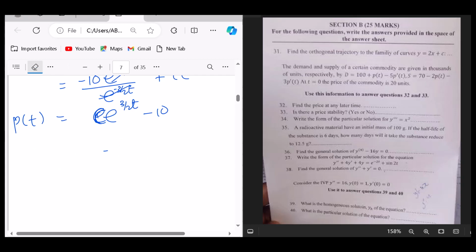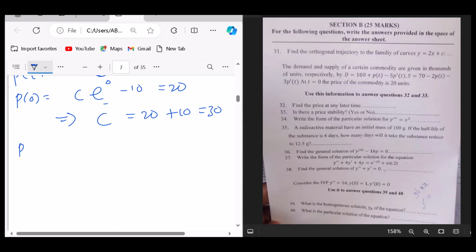So at time t equals 0, we have this to be 20. So at p of 0, c e to the power 0 minus 10 equals 20. So this will imply c equals 20 plus 10, and that's just 30.